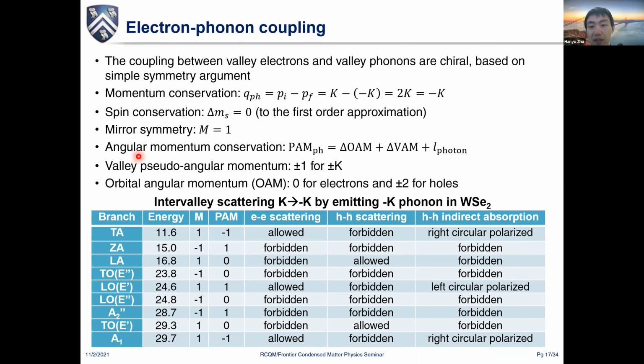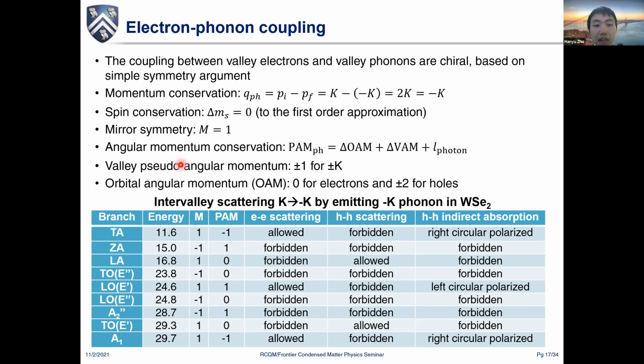And finally, it comes from the chiral terms, which can be argued by angular momentum conservation. Here it says that the phonon pseudo-angular momentum must be equal to the change of electronic orbital angular momentum plus electronic valley pseudo-angular momentum, because the electrons are in different valleys, they look as if they have additional angular momentum. And if there is any external electromagnetic field involved, then the photon itself carries angular momentum as well.